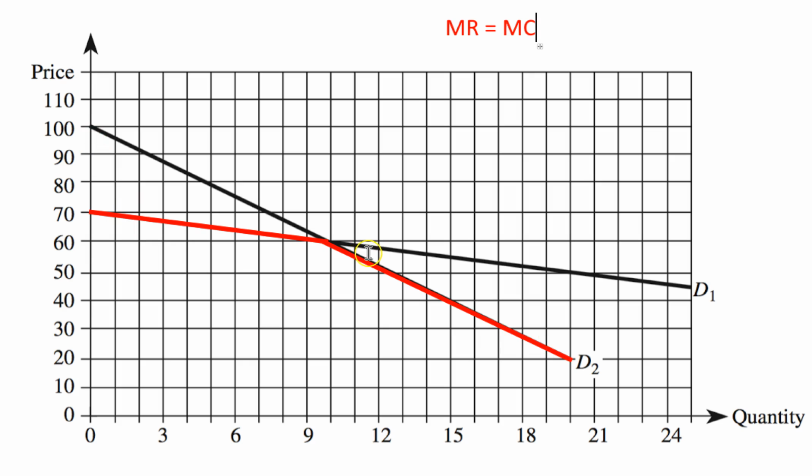Looking from 100 right here to 60, you go down 40 and you go over 10. If this is twice as steep, that means if you start here, you're going to cross at 5.